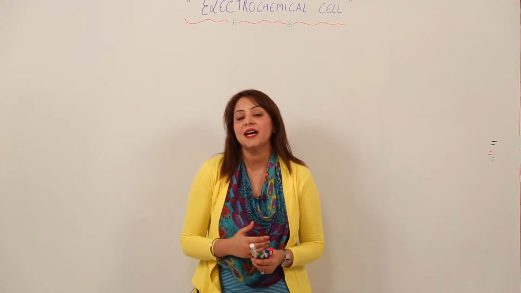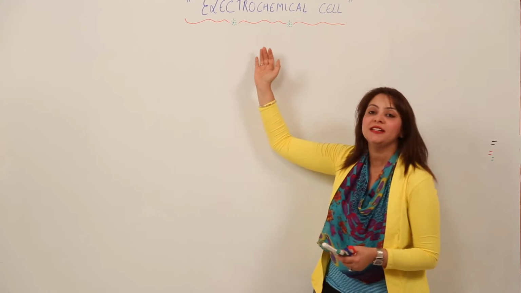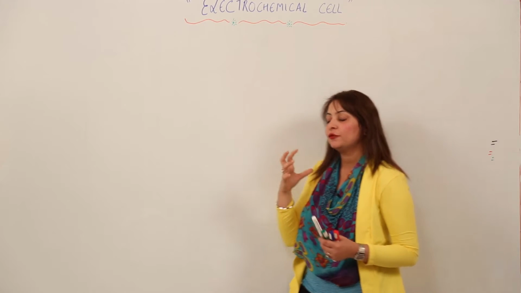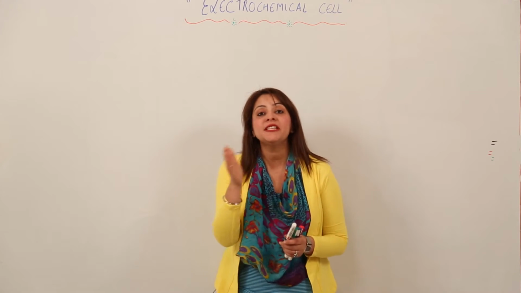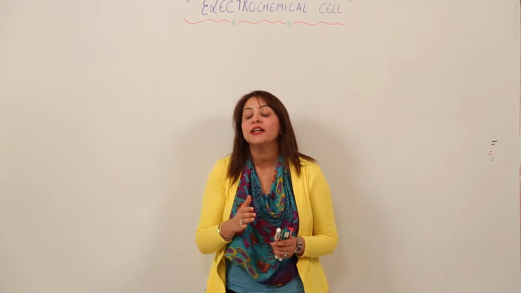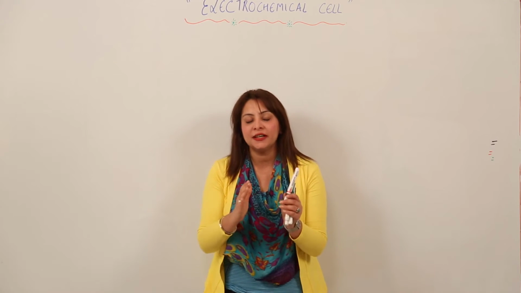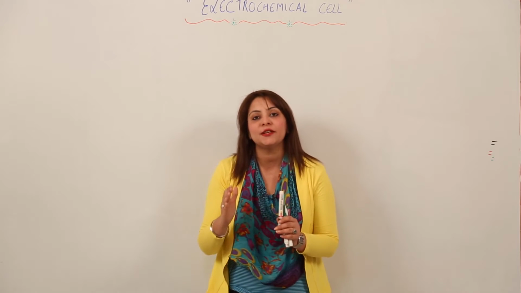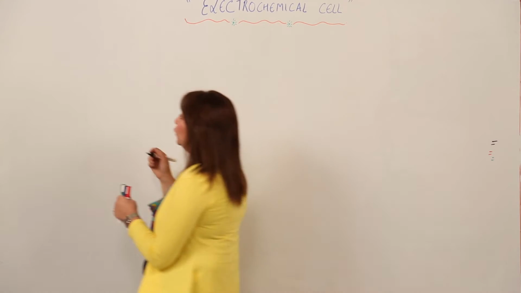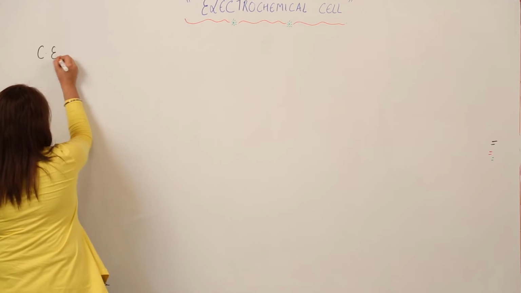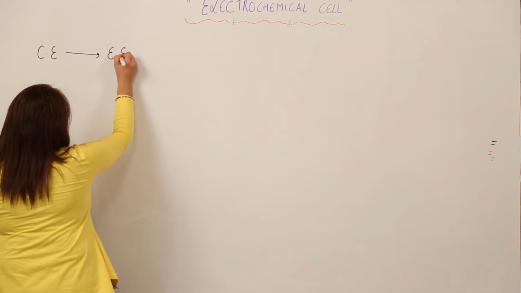We are going to start now with an electrochemical cell. First of all, you should know what an electrochemical cell is and what the principle behind it is. So first, what is an electrochemical cell? It is a cell which converts chemical energy into electrical energy.